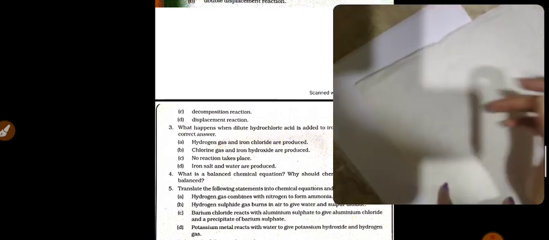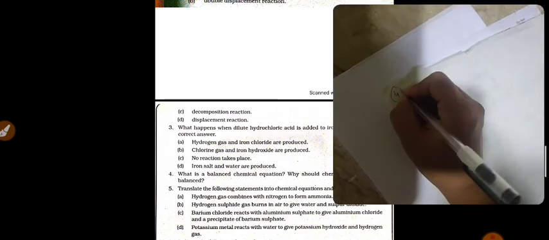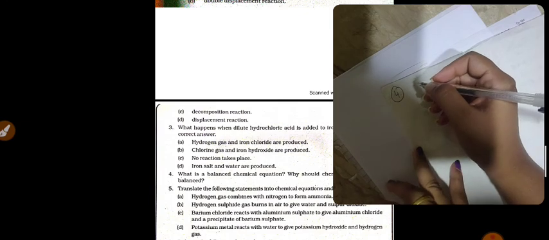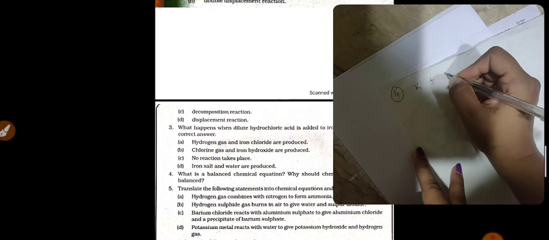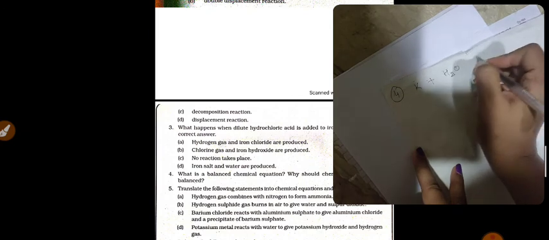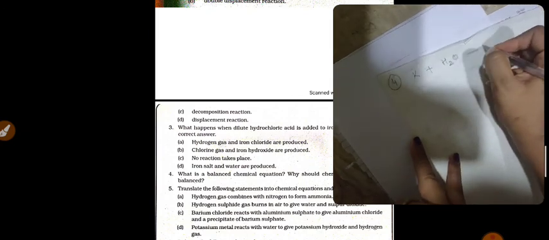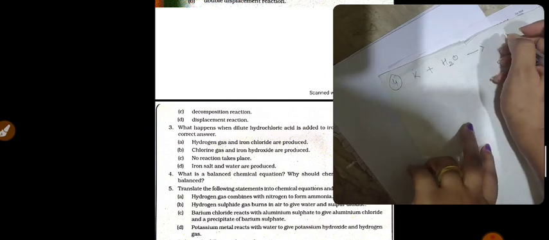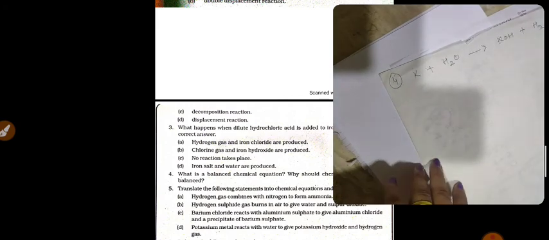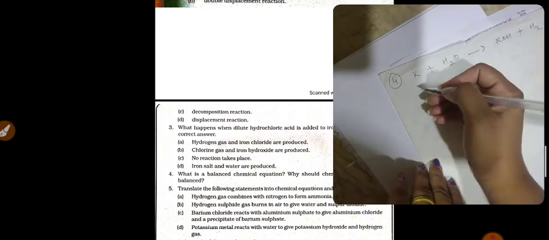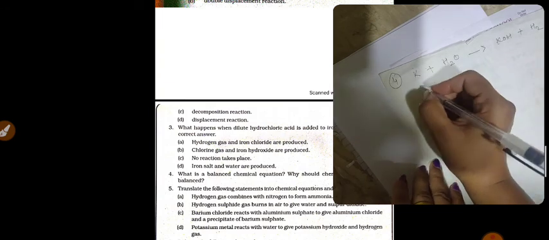Let's try fourth one. Potassium metal, potassium K, reacts with water H2O. When it reacts, it gives potassium hydroxide KOH plus hydrogen gas H2. So now let's balance.